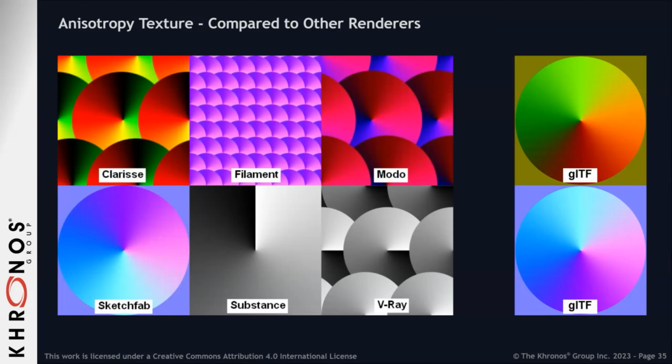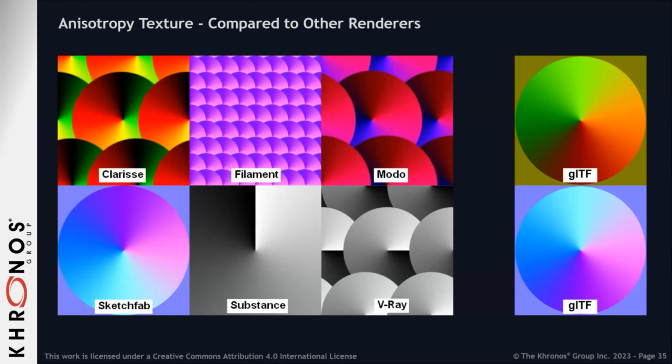So when we were designing anisotropy in the Khronos group calls, we looked at what other renderers use for their anisotropy direction textures. And as you can expect, there isn't one unified standard, right? Everyone kind of chooses their own thing. It would be nice to choose something that could be easily converted from other renderers.